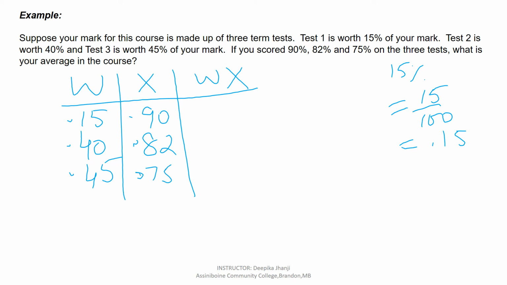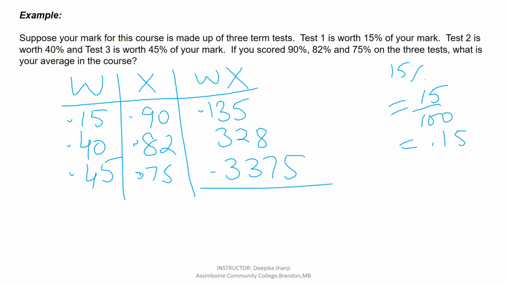Now, when you multiply them, you get 0.135. 0.40 times 0.82 is 0.328. Next, 0.45 times 0.75 is 0.3375.